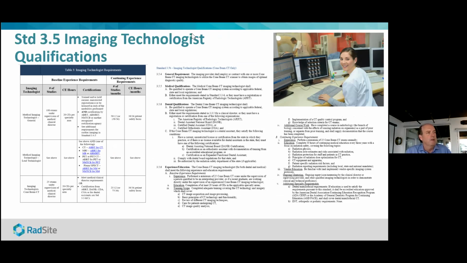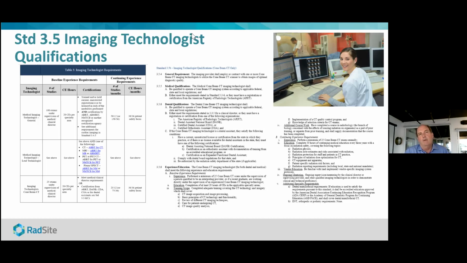And that not only includes some experience in terms of operating the equipment, but also making sure they're getting basic coursework completed on how a CT operates, ionizing radiation, and making sure they have some sort of baseline licensure or certification pursuant to their practice in dentistry.